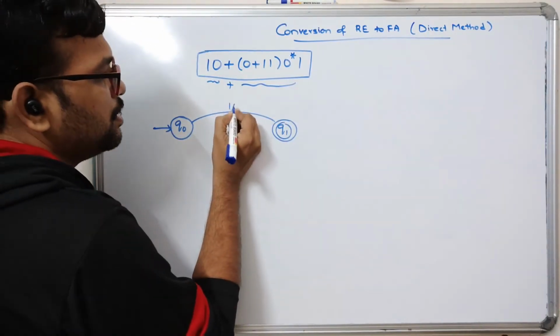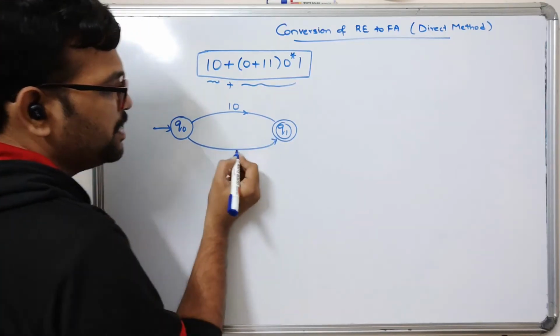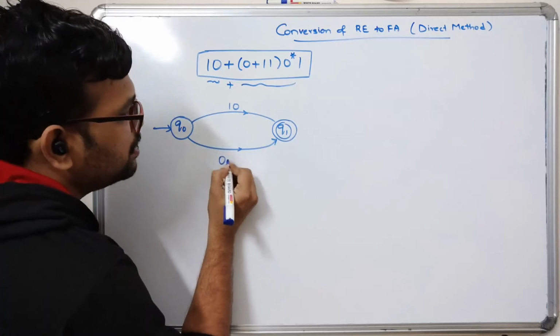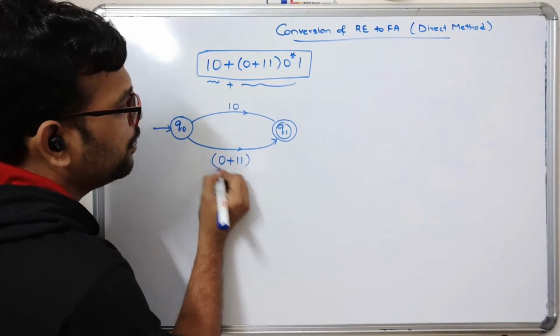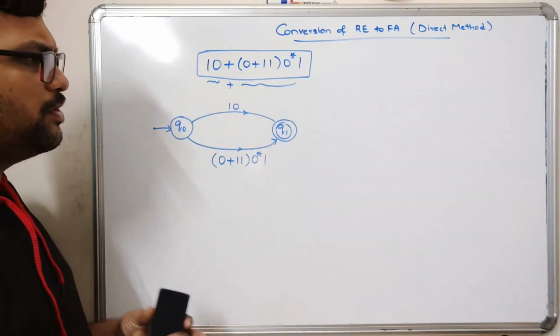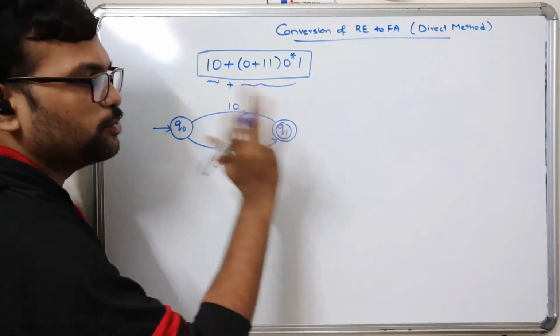This is 10, and again the same transition from Q0 on 0 plus 1 1 0 star 1. So either 10 moves it to Q1, or this expression moves it to Q1.